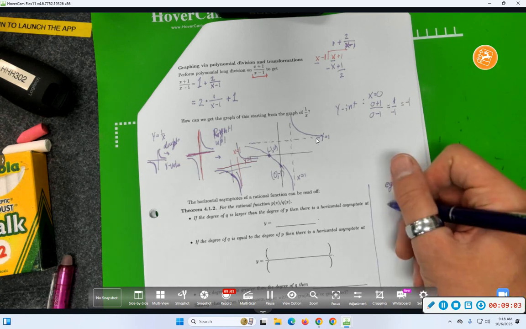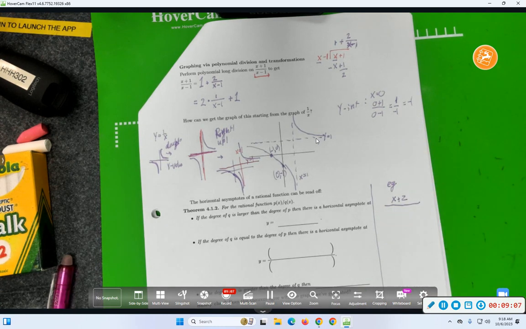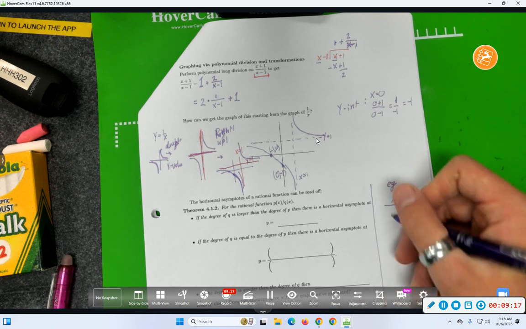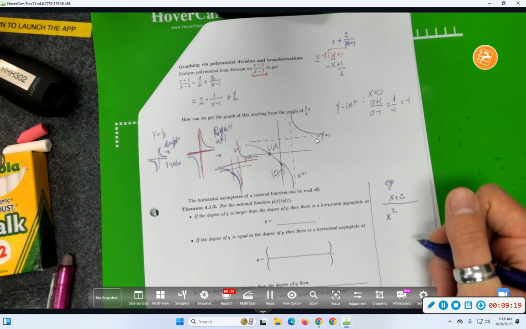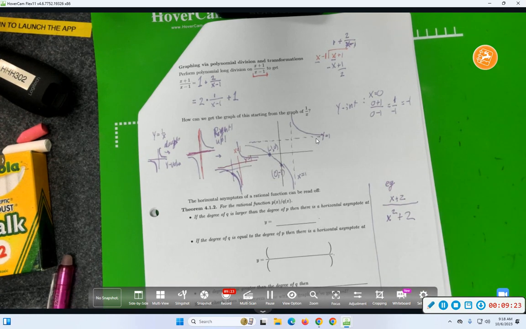X plus 2. Give me another polynomial that has degree bigger than that polynomial. X squared plus 2. Excellent. Creative choices. I like it.